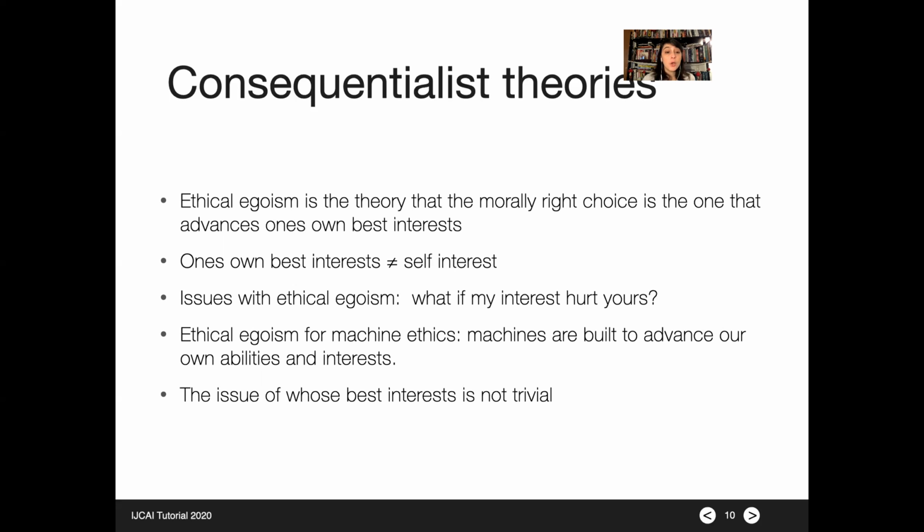The issue is whose best interests are we talking about? This is not at all a trivial issue, and I will talk more about this in the next part of this tutorial, which is social choice and machine ethics. How do we figure out whose interests we should be advancing?